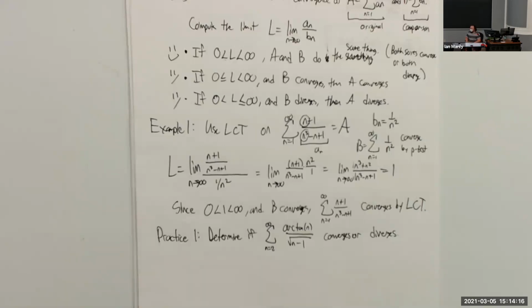Now, I think it's clear what you should pick for your b_n on the bottom, but on the top, this is kind of similar to that sine example we had last class. Think about what arctan is bounded by. Is it pi over 2? It sure is.